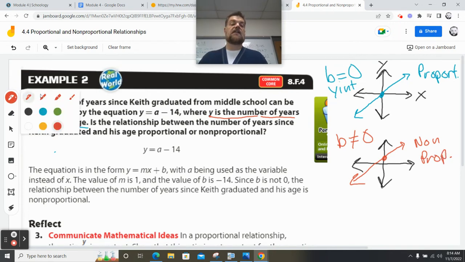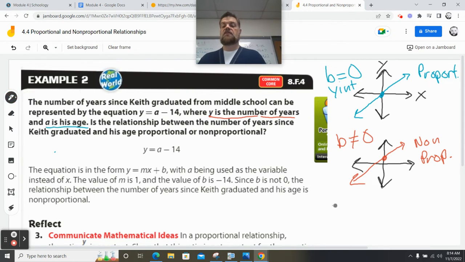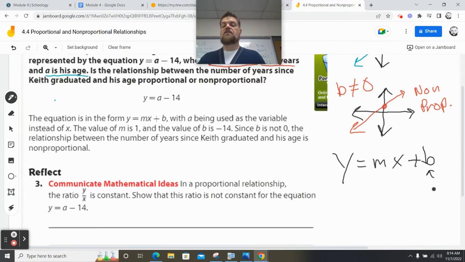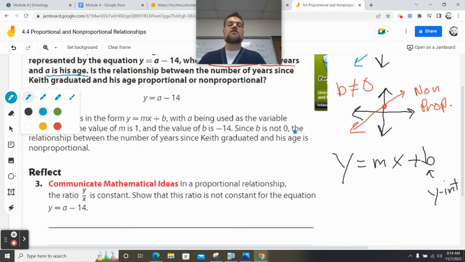So then remember the equation y equals mx plus b. What's the b? That's the y-intercept. And the m is the slope, but really, truthfully, we're not too concerned with the slope.